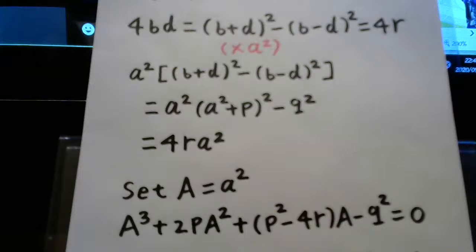I'm not sure he hit on this way by himself. Maybe he learned it somewhere. And other mathematicians published other ways. There are some ways to solve quartic equations. Anyway, I showed two of them this time.